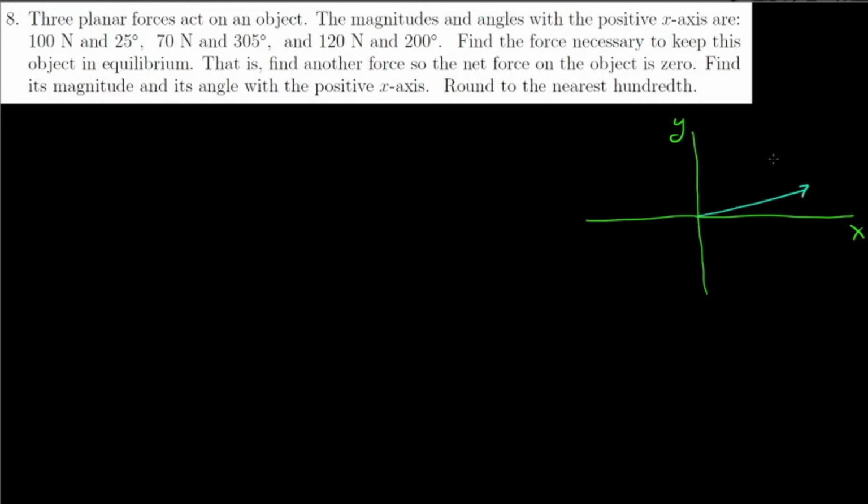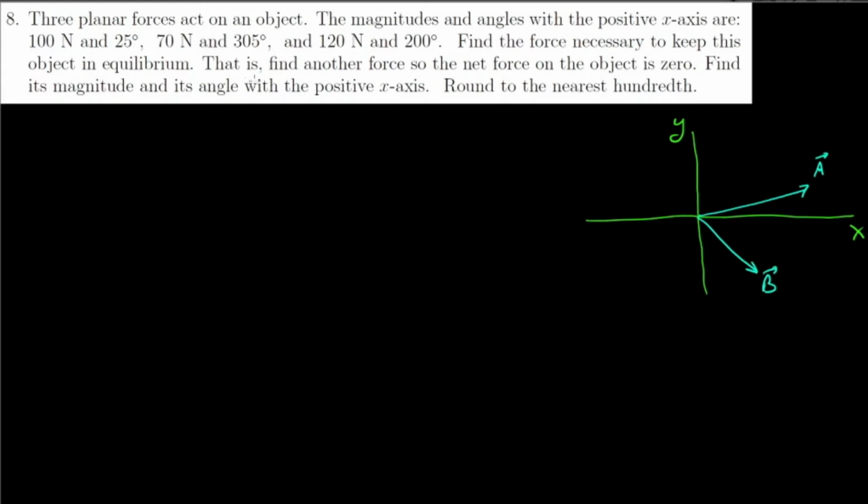We'll call this force A as a vector. And then 70 newtons at 305 degrees. 305 is 90, 180, 270, and then 270 plus 45 degrees is 305. So that's going to be that angle there, 45 degrees. Of course, I could have just said negative 45 degrees.